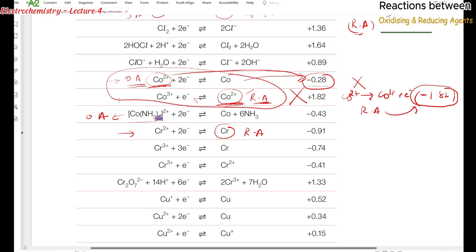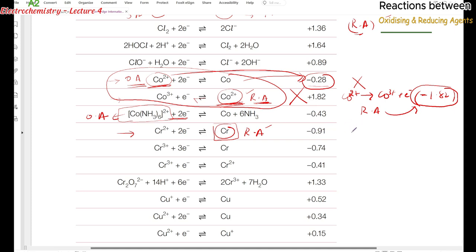So again, the question is, will these two react with each other or not? Here, this is the oxidizing agent, and its electron capturing power is minus 0.34. And what is the value of its reducing nature, its reducing power?